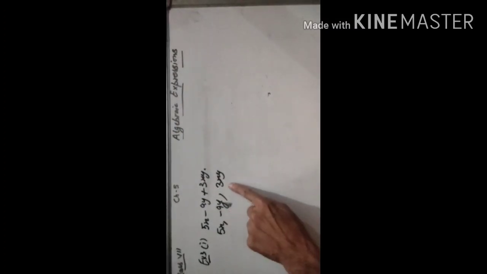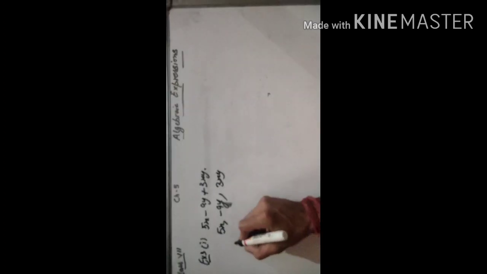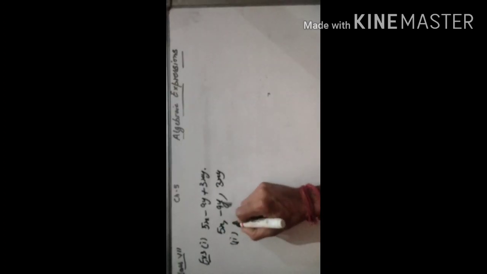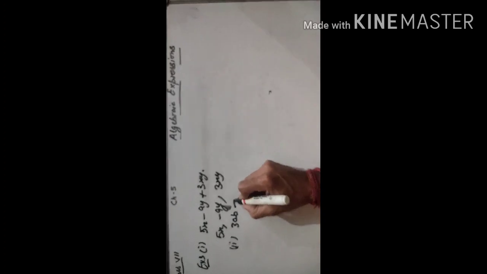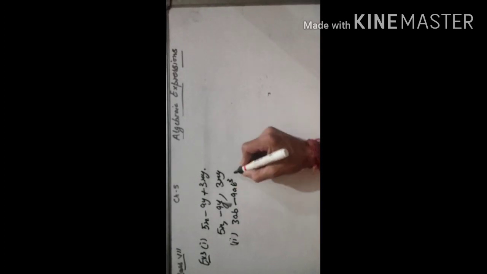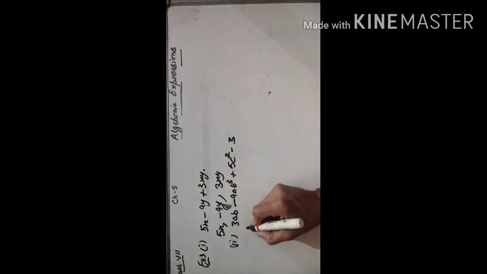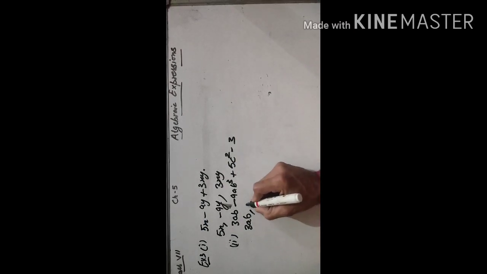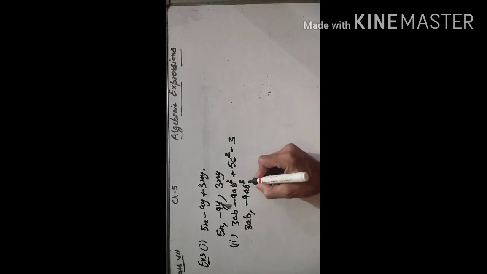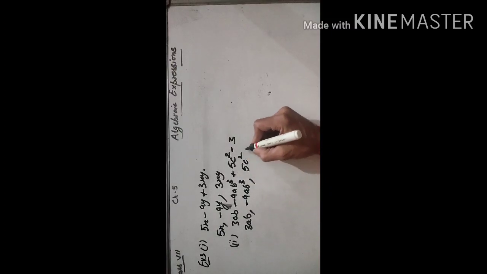These are the first term, second term and third term. And in the second part also, that is 3ab minus 9abq plus 5c square minus 3. First term is 3ab, second term is minus 9abq, third term is 5c square, fourth term is minus 3.